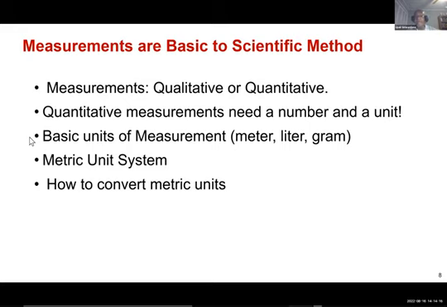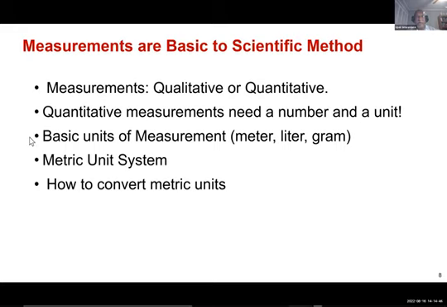Change in mass, change in color with wavelength, where each color has a wavelength, so you can measure. So do you understand the difference between qualitative and quantitative measurement now? Quantitative measurement has the number and the unit. We were talking about it.